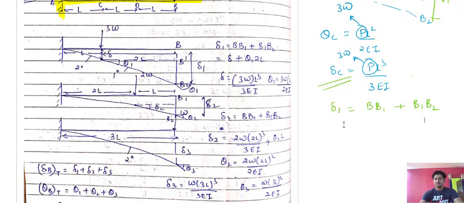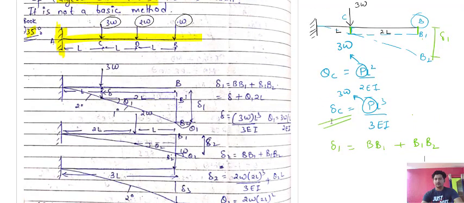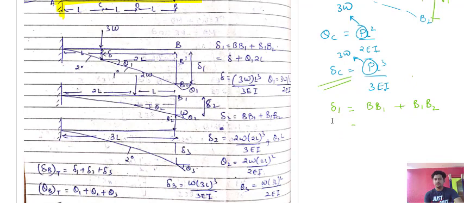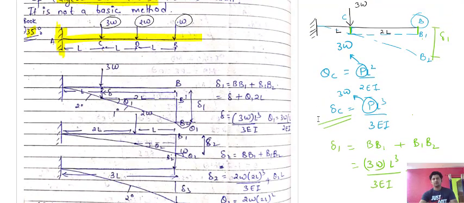Now we have the value of BB1. The value of BB1 is the similar value for the deflection at C point, that is 3W is the load, L cube is the value, and 3EI in this case. And now for calculating the B1B2, these deflection and slope values are so small that we are using that.